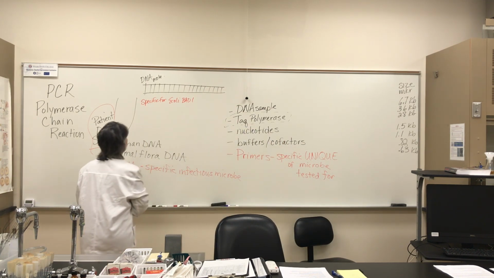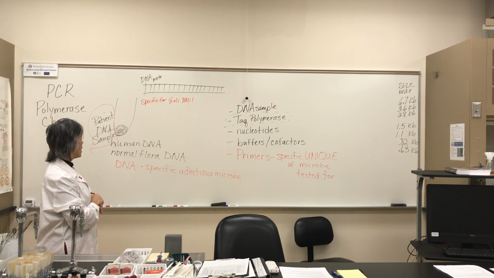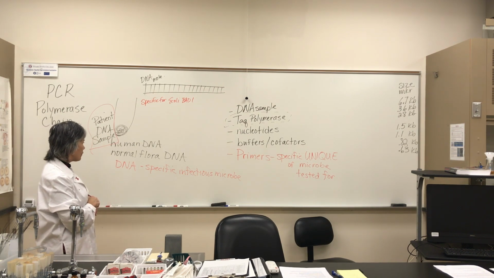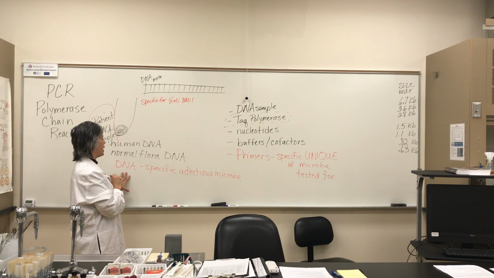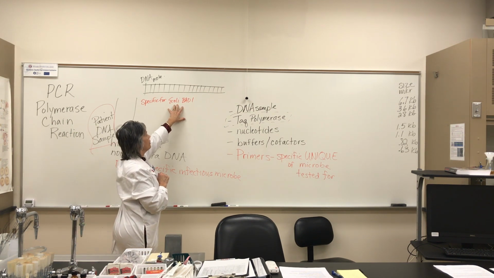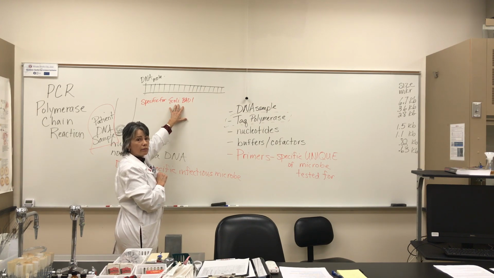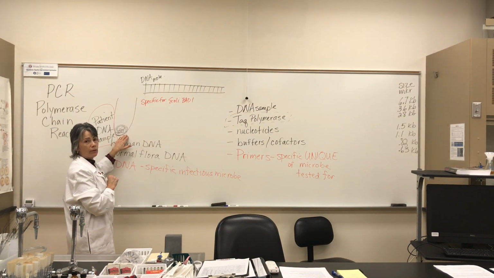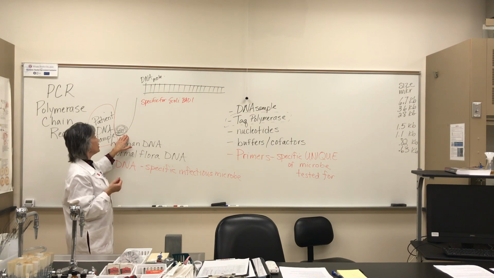Now, through the magic of PCR, if the specific region of DNA, which is only found in this nasty strain of a microbe, is found and amplified in the PCR reaction, then you know that microbe's DNA is in the DNA sample. So that's a positive test for that patient.